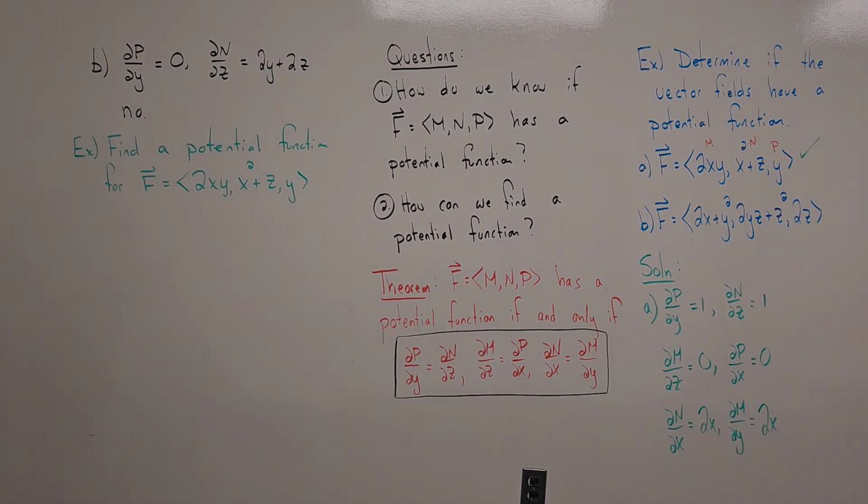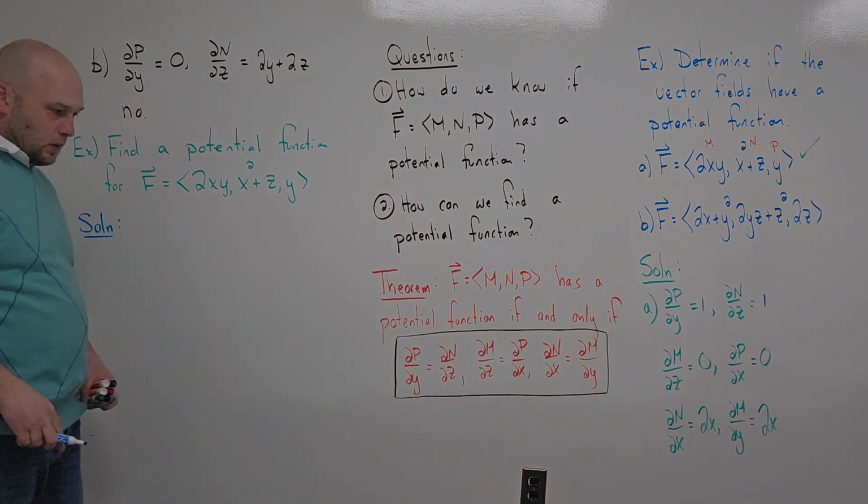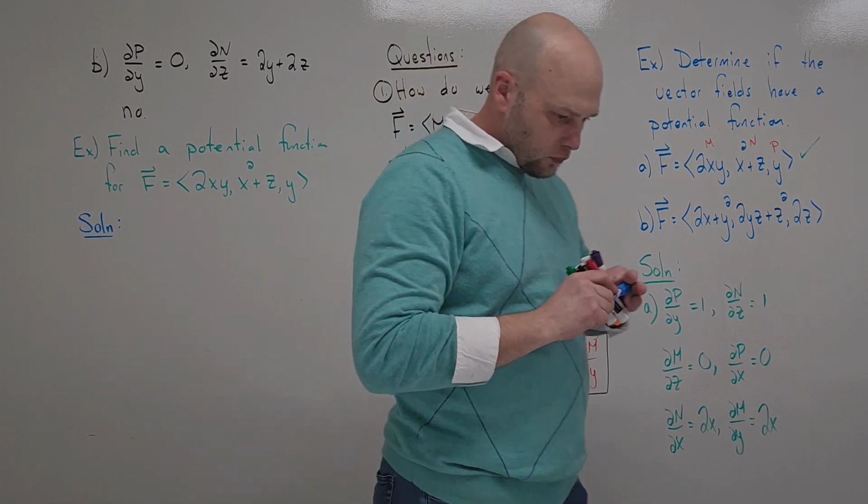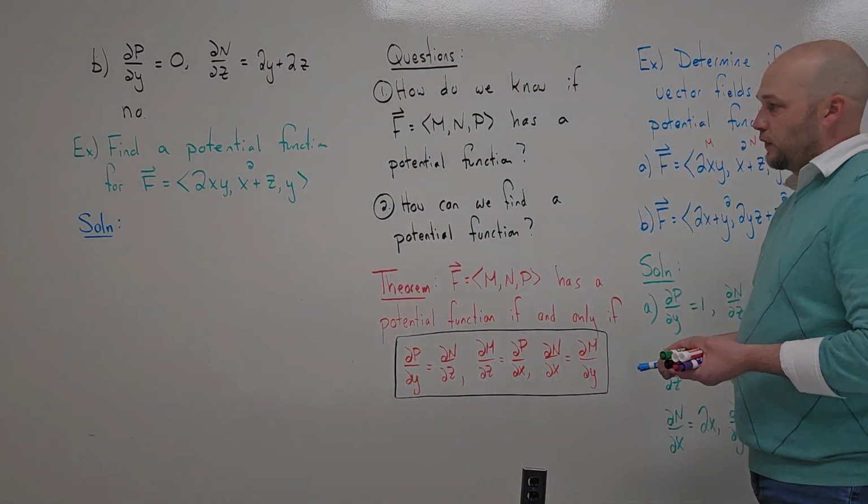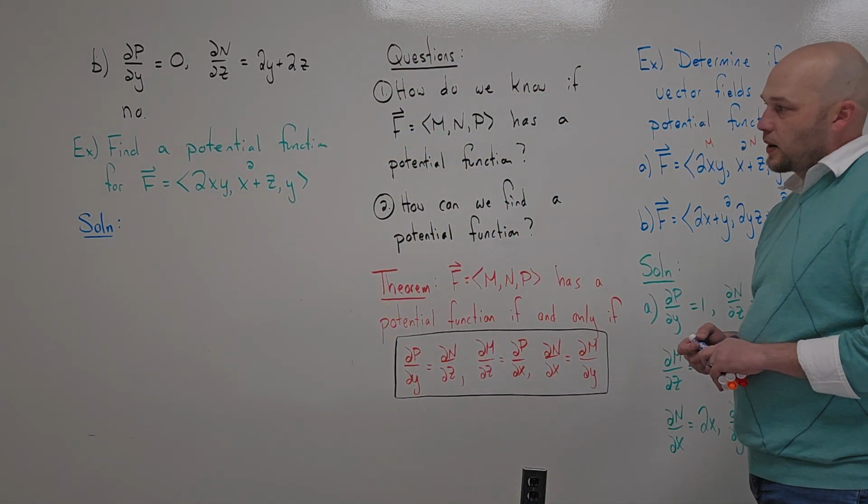Okay, so let's see how this works. So we know that it has a potential function. We verified that in the previous example.